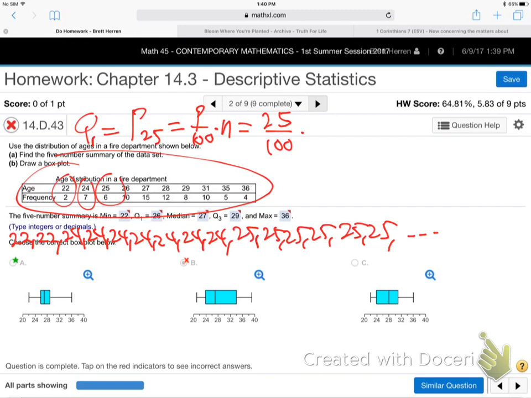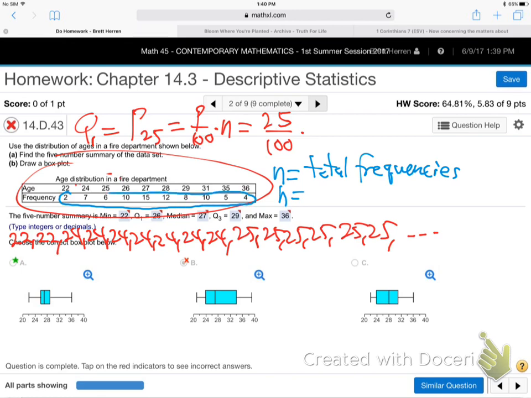Add up the frequencies, right? So let's do that. N equals the total frequencies, because that's how many people. So that will be whatever these numbers all added up equal, which is what, 15, 25, 40, 50, 60, 79? 79 numbers, I think.